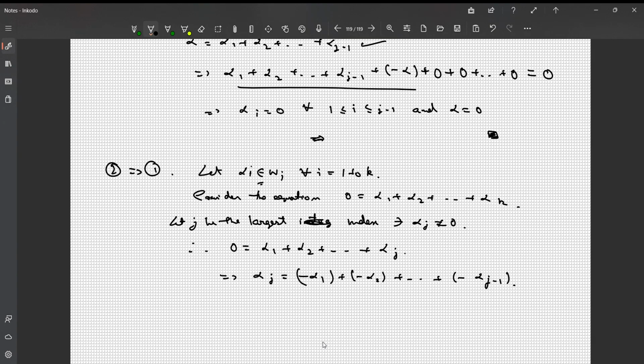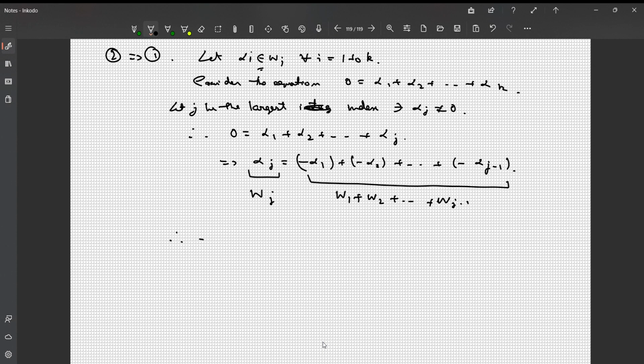Now observe the following, that the right hand side is an element of W1 plus W2 till Wj minus 1, and this is an element of Wj, right? So that means alpha j is an element from Wj intersection W1 plus W2 till Wj minus 1, right?